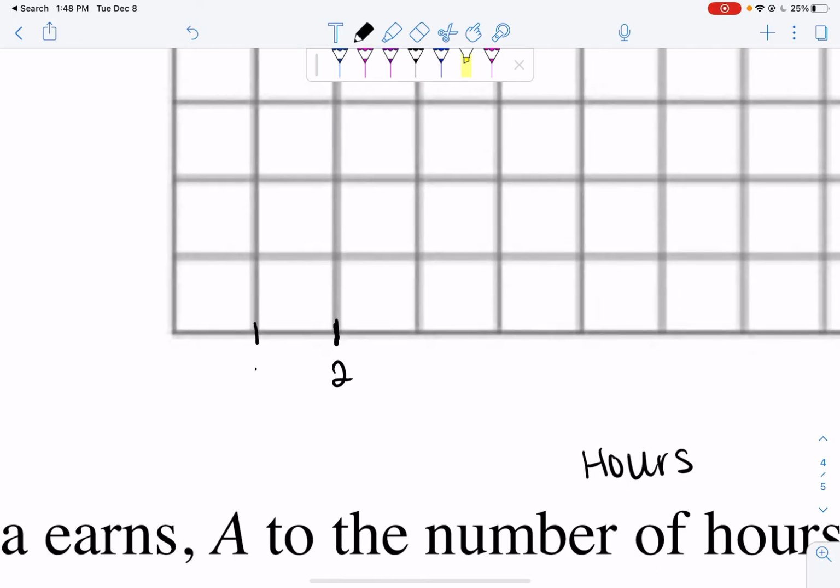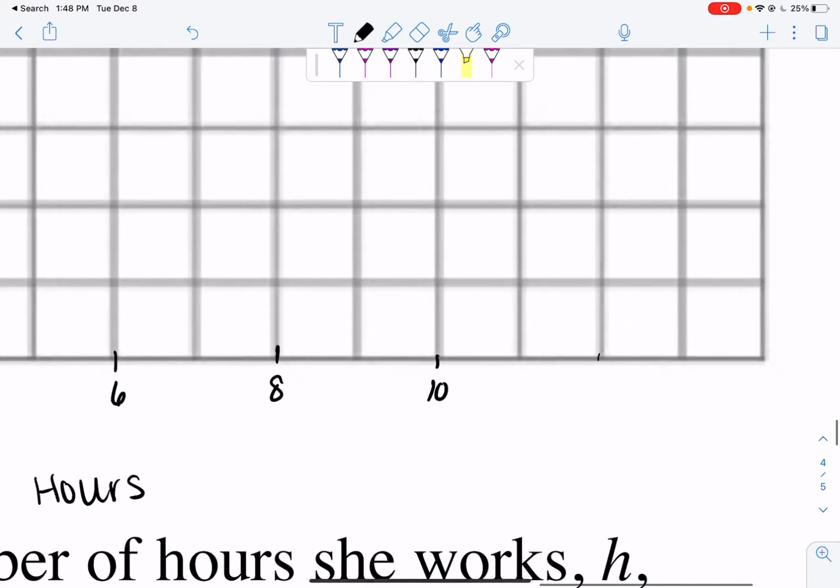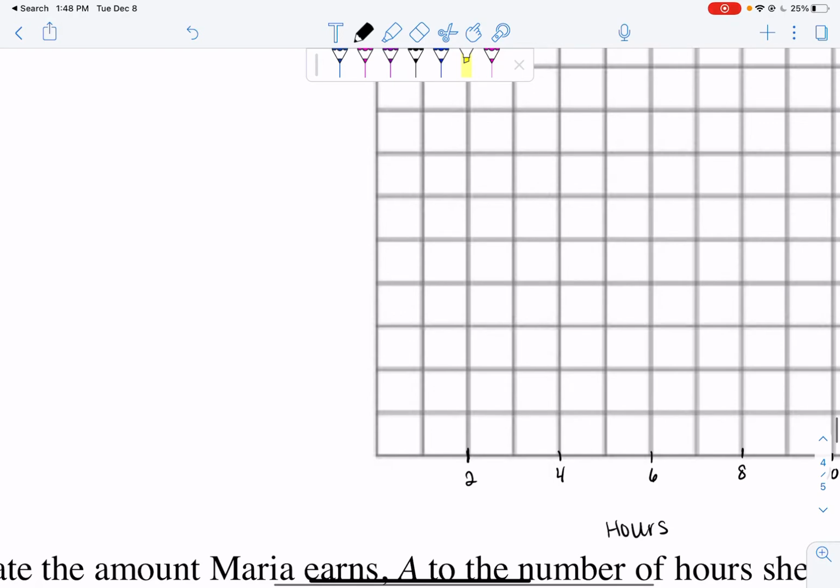So this is 1, then 2, but I'm not going to write my 1 because it's going to be messy. 4, 6, 8, 10, 12, 14.